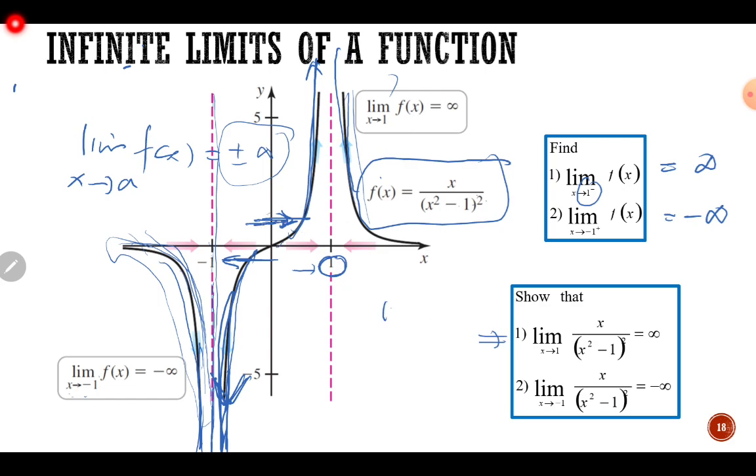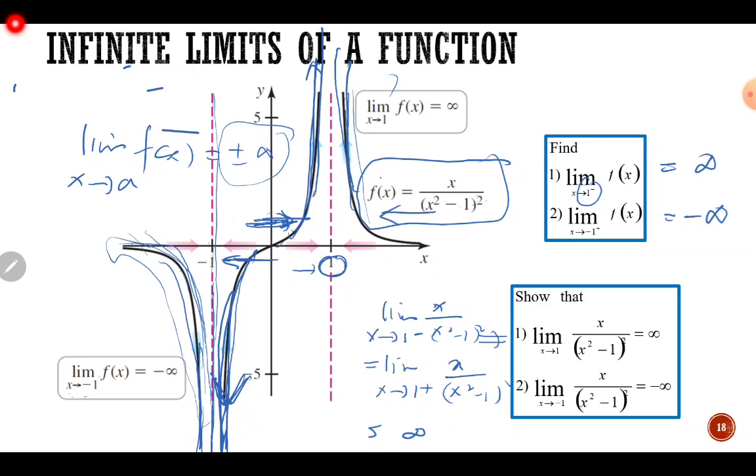Okay, because limit x approaching 1 from the left of x over x square minus 1 square is equals to limit x approaching 1 from the right x over x square minus 1 square, which is equals to infinity kan? Betul? From the left, from the right, dua-dua menghampiri positive infinity, it goes up.